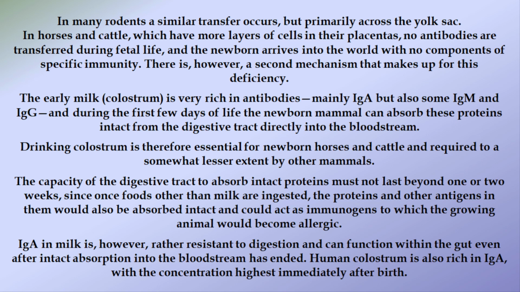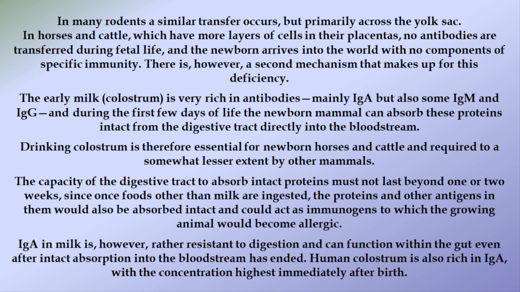There is, however, a second mechanism that makes up for this deficiency. The early milk, colostrum, is very rich in antibodies, mainly IgA but also some IgM and IgG, and during the first few days of life the newborn mammal can absorb these proteins intact from the digestive tract directly into the bloodstream.